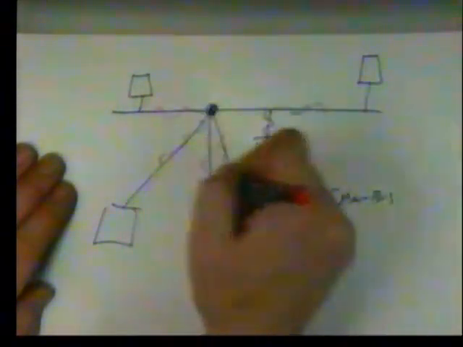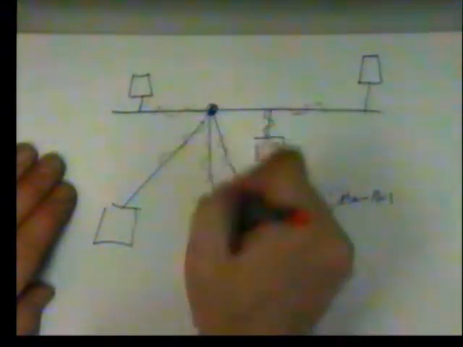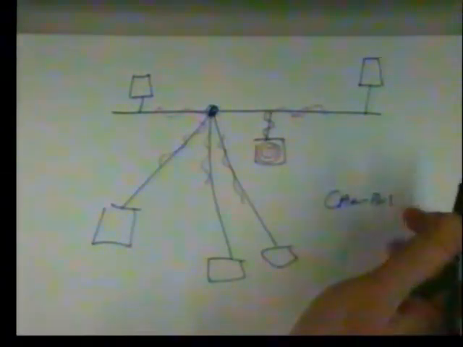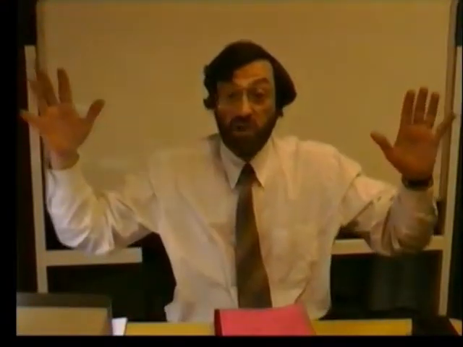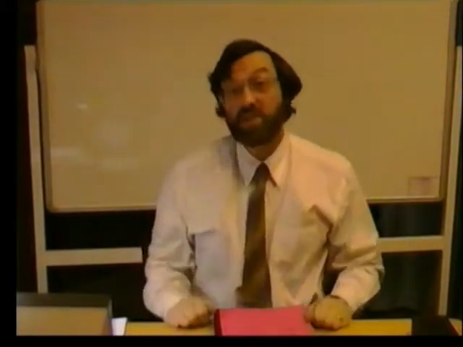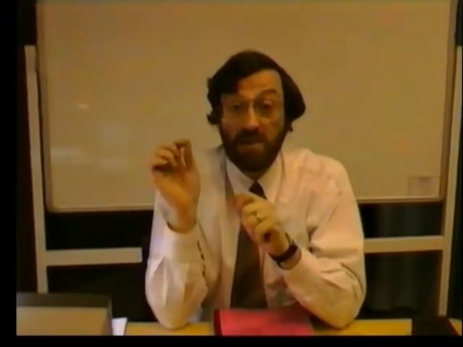Because it is a single wire, whether it's as a bus or as a star arrangement in a hub or however you do it, whenever a single node transmits information, everybody gets it. And that means if you're interested in it, you can listen to it. So we don't have the idea of a point-to-point link.